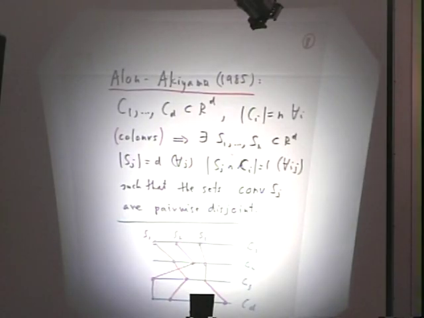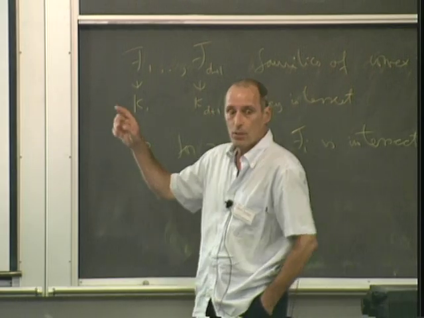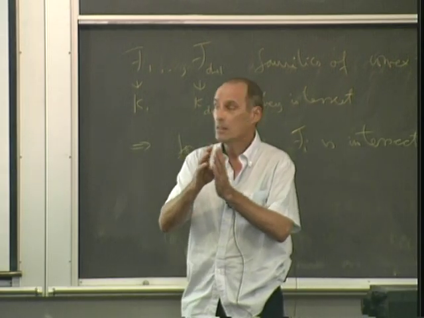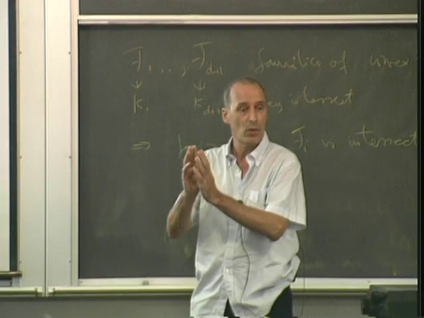There are finite sets in d-dimensional space, each of them having n elements, pairwise disjoint, in general position if you wish. You can call them colors. And what you want to find is n sets, S1 to Sn, each of them of size d, such that each S intersects each color in exactly one point.